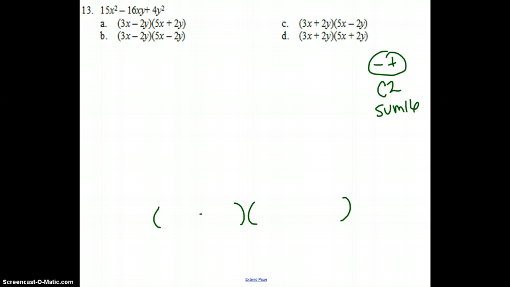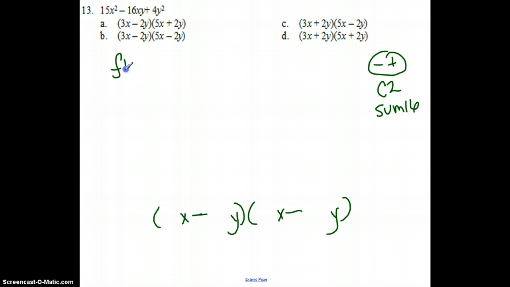So for case 2, I know that both of these are going to be subtractions. I also know there's going to be an x and a y with both of these because of the way the problem's written, because there's an x squared in front and a y squared at the end.